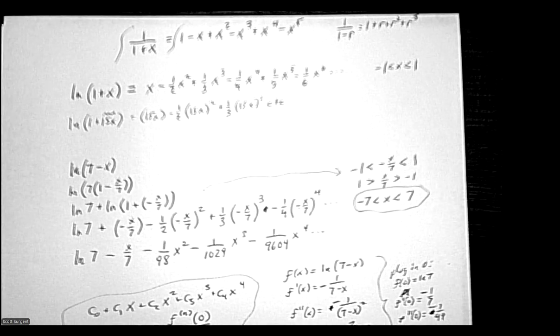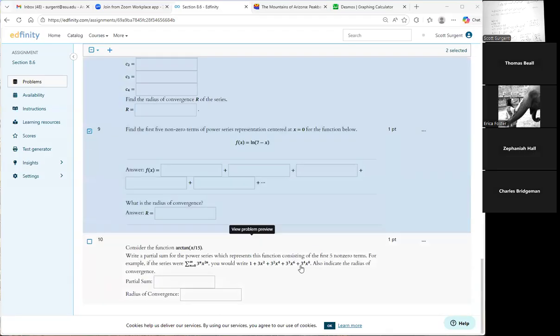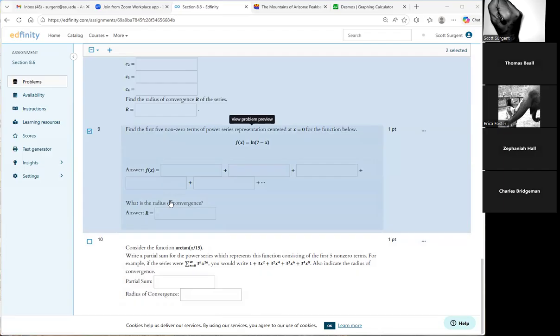And then I was going to show you the arctangent. I'll share the screen again. Because the arctangent falls into this kind of category here. The number 10 down here at the bottom, it's arctan of x over 15.